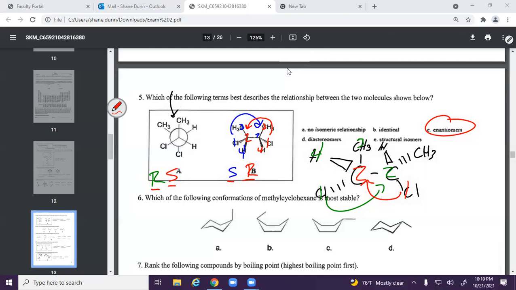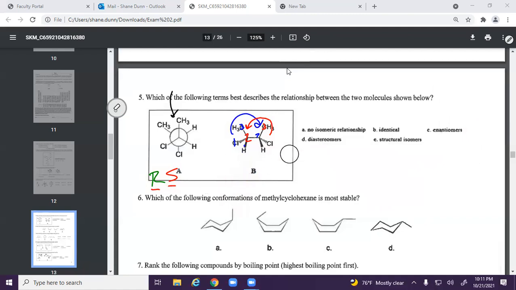For this, because they are RS, the exact opposite would be SR. Diastereomers would be, for example, RR and RS or SS. That would be diastereomers. That make sense? Zumi? Makes sense. You sound tired.